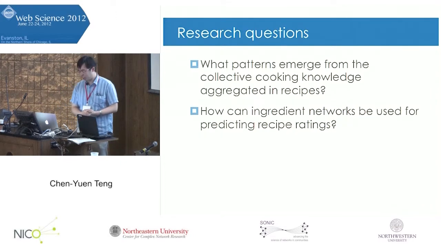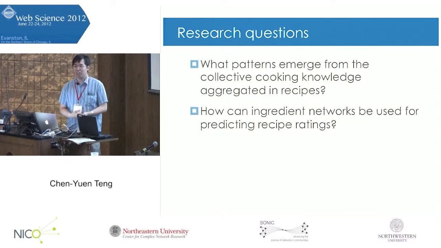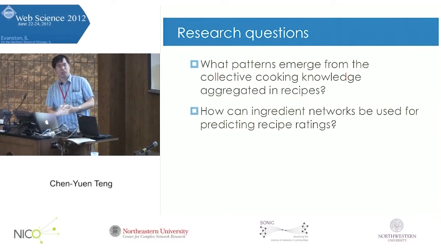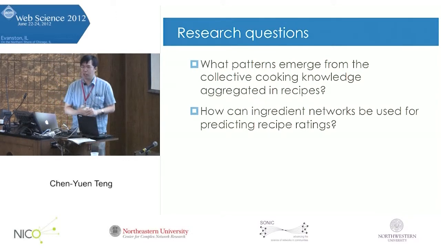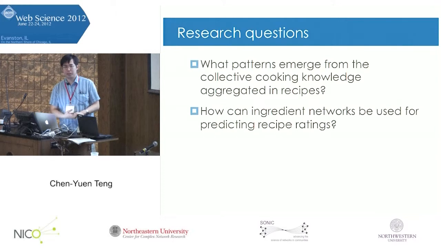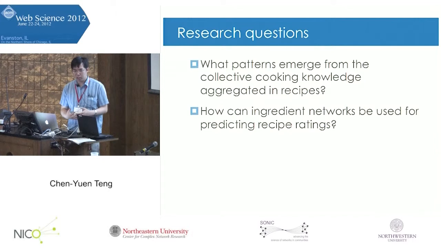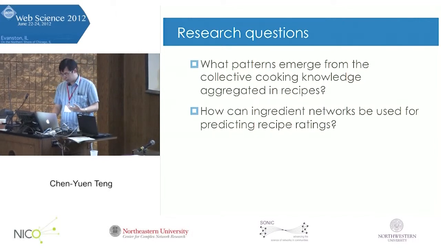The first is, can we identify any patterns, or distill any cooking knowledge, from recipe sites? And the second is, given ingredient information, can we aggregate it together as an ingredient network and predict recipe ratings?